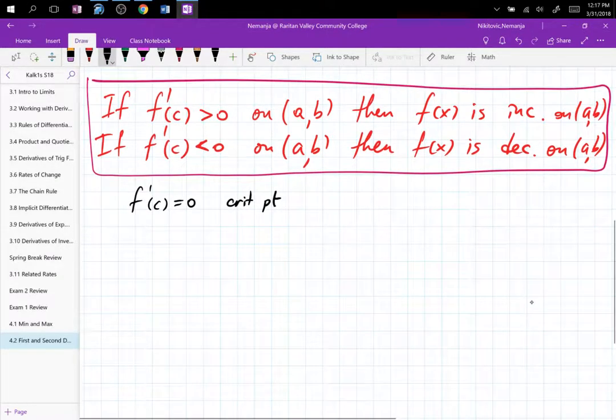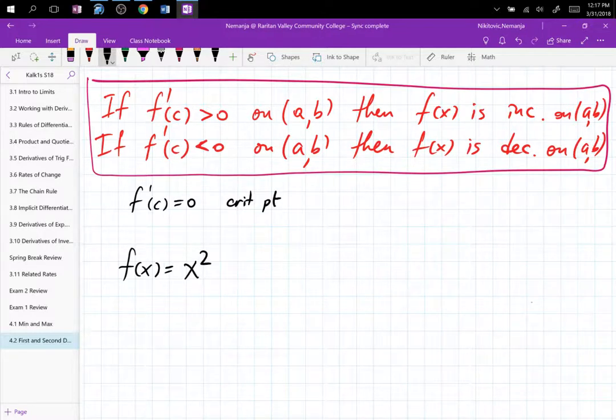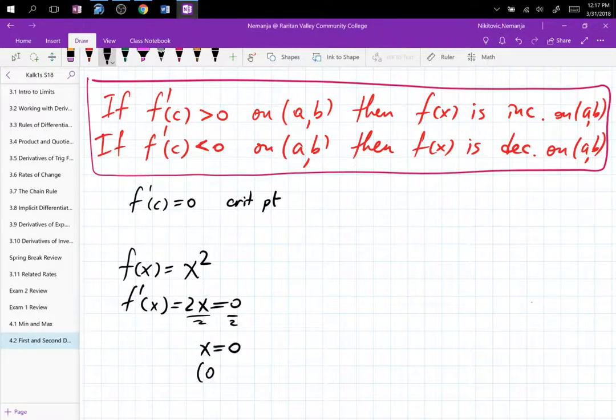So let's immediately take a look again at x squared. So f of x is equal to x squared. We are learning the procedure for the first derivative test on a familiar function. So, for the fourth time, let's take the derivative. We have to find the critical points. So 2x equals 0, divide by 2, x equals 0, and we know the critical point is at 0, 0.